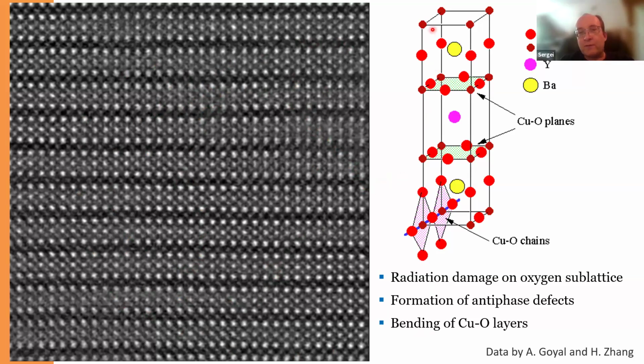For those of you familiar with high temperature superconductors, this is the prototypical yttrium barium copper oxide, the 123 cuprate. You can clearly see the electron microscope shows essentially all the major building blocks of the material.